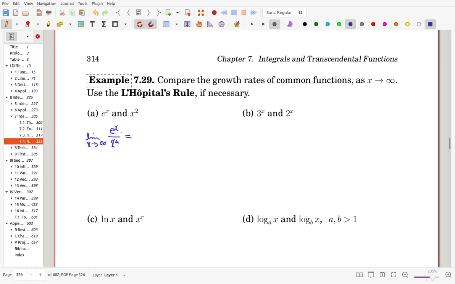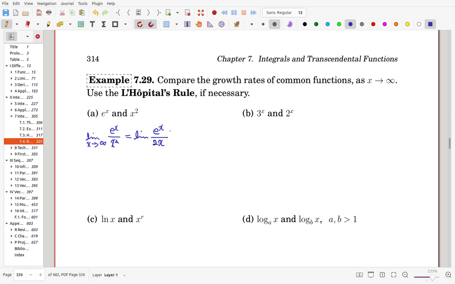Bottom and top simultaneously approach infinity, so we can use L'Hopital's rule. That is the same limit, and the derivative of e to the x is the same as the original one, and the bottom becomes 2x.